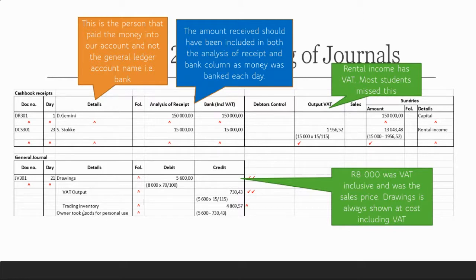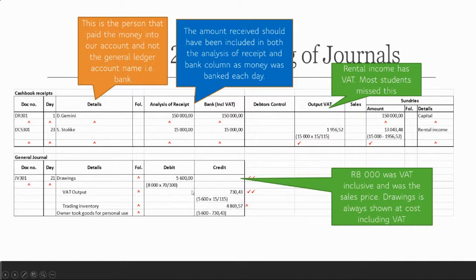And then that drawings amount is generally the cost amount of the goods and not the sales amount. So what a lot of students got wrong is they included the 8,000 there, which was the sales value and not the cost of sales. So you had to take the 8,000 and then apply the 70% to get to 5,600, and you would have received 2 marks for that.